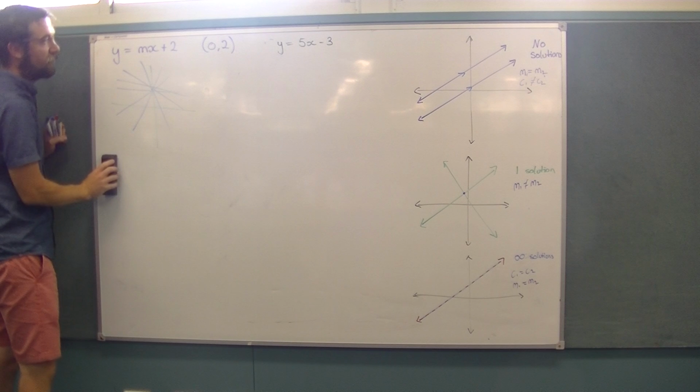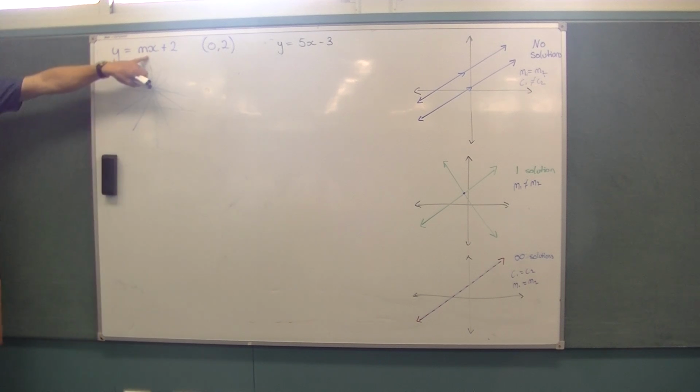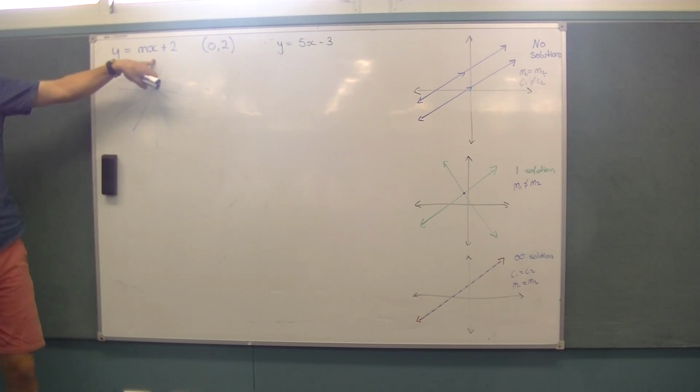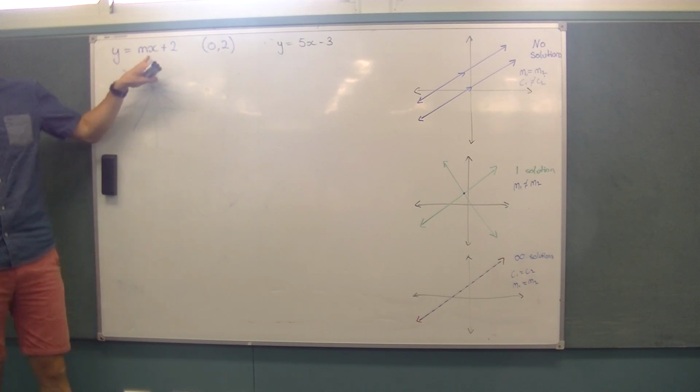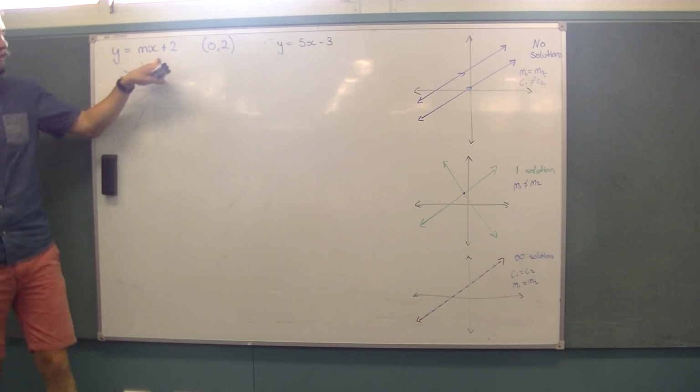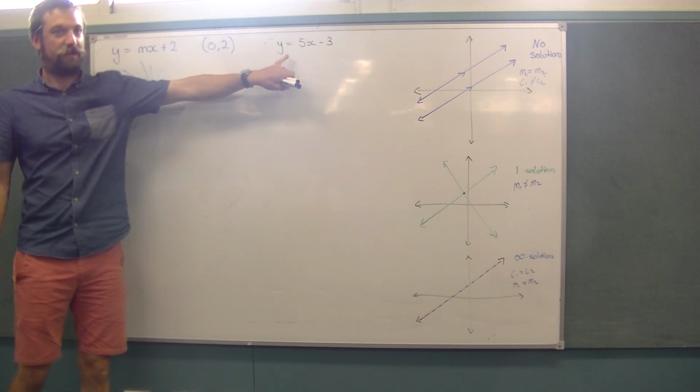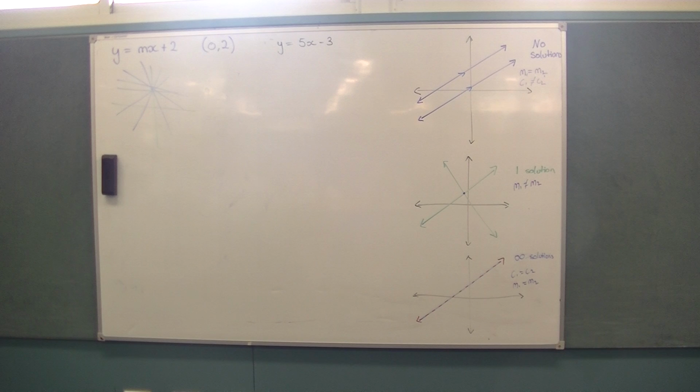So, the question is, when does this line have no solutions? And the gradient of the other line is 5. Yes, it's the same gradient as the other one. Same gradient, parallel, but different y-intercepts.